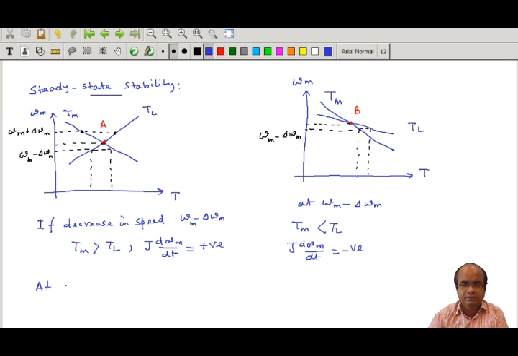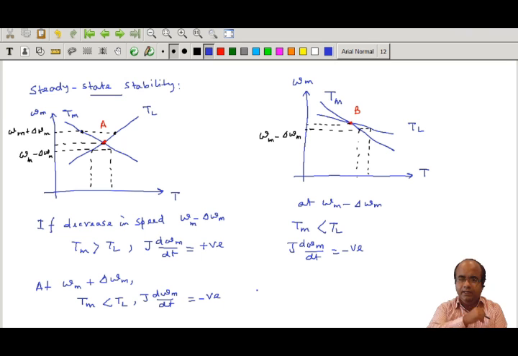At omega m plus delta omega m, the motor torque is less than the load torque. Then J d omega m by dt becomes negative, and the motor decelerates and again returns back to point A. And for this operation, say speed is increased at this point.